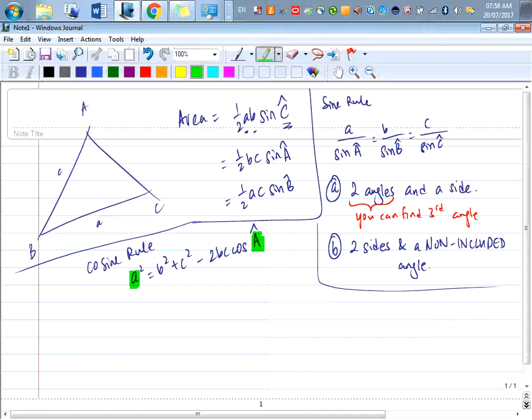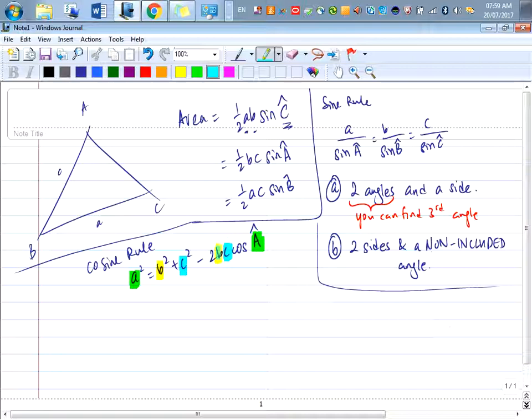Then what else? I didn't mention it the last time. You see this b over here? It is found here as well. So you'll be writing the same letter twice. You write it here once, you write it here another time. And then you see there's actually a third letter, c, over here. They appear twice. And then there's a constant of -2, that is your coefficient of bc cosine A.